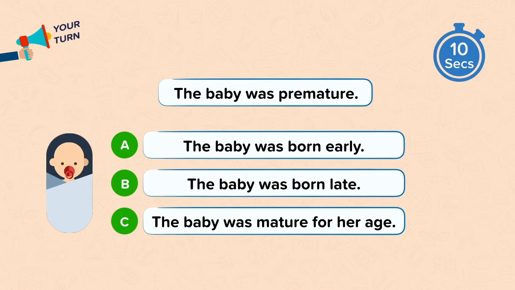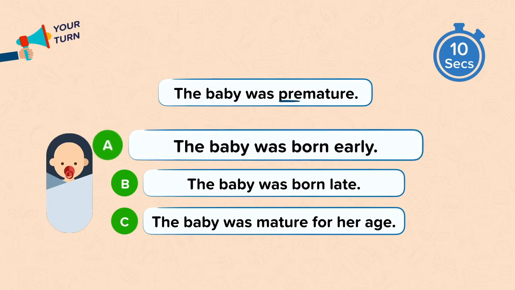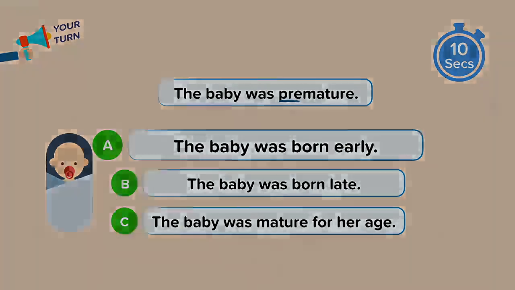So the prefix in premature is pre, and pre means before. So this gives us a clue that it should be A. The baby was born early. It was born before it should have been born. Well done if you got that one correct.